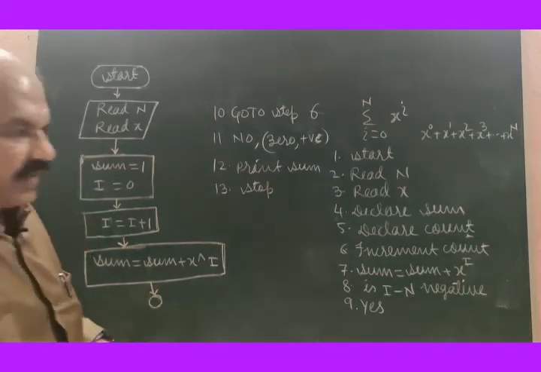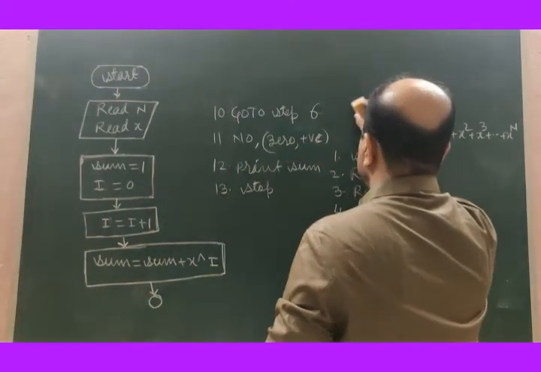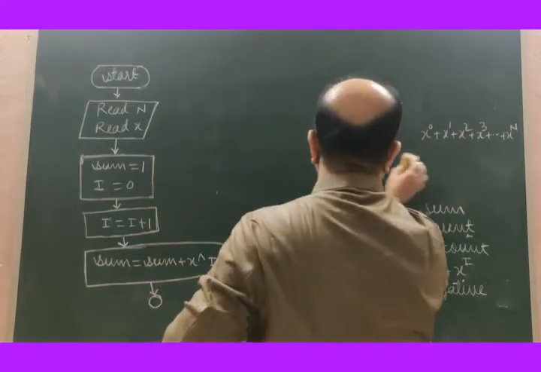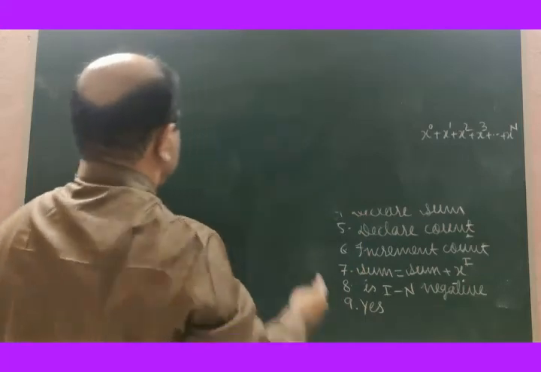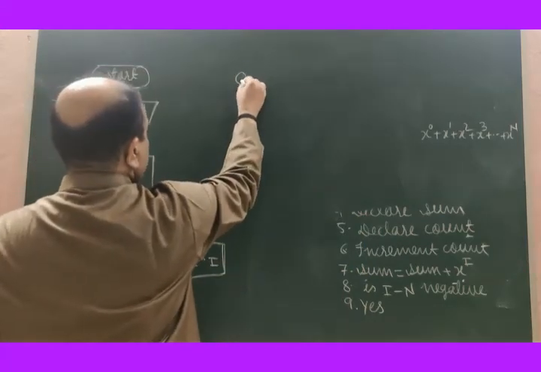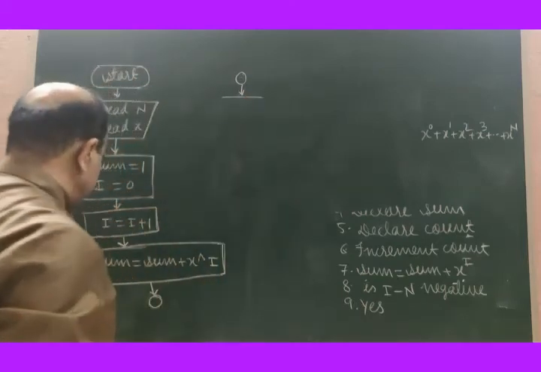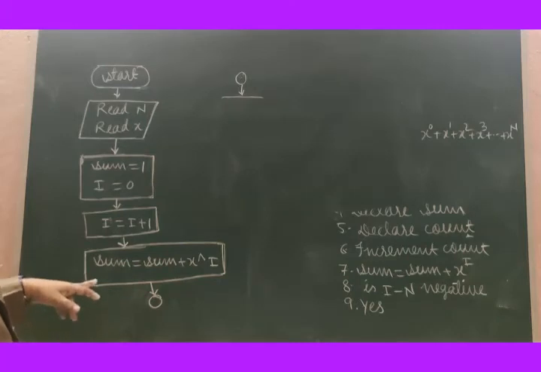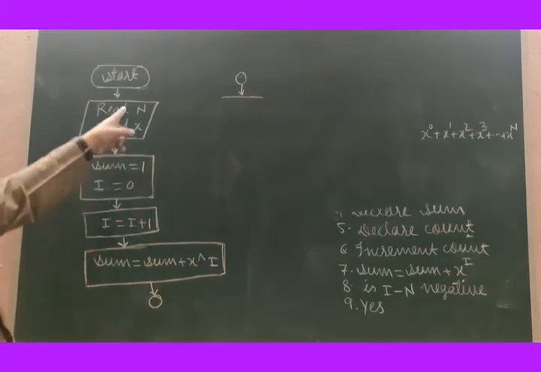Connector, and let me go here. The connector. I have taken the sum. Now what I have to do? I have to check whether this I minus n is negative.